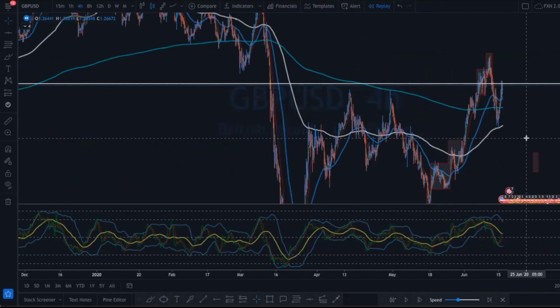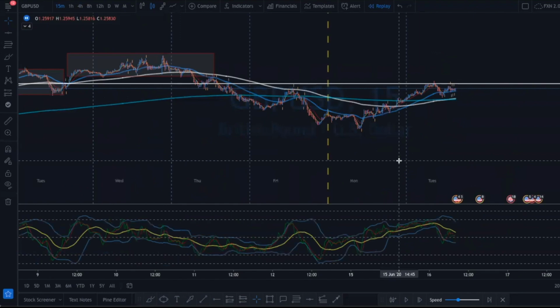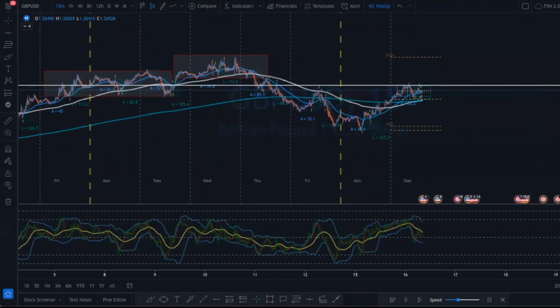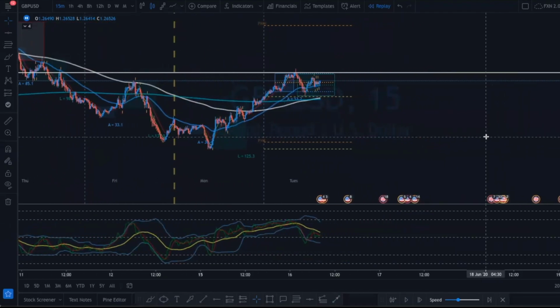So Monday and Tuesday was literally a retracement. Yeah, it was a retracement, Monday. Yes. Okay. So if you think about it, you didn't have any kind of push on Tuesday, right?